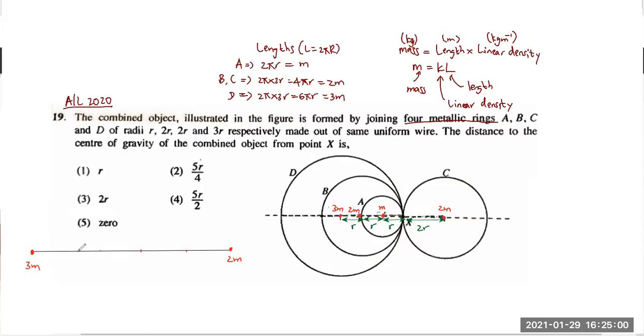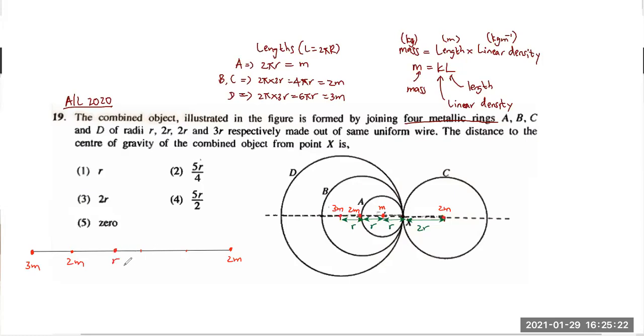So 3m like that, and then 2m is at r distance from 3m, and the other one, m, is also at r distance from it. These are the points.